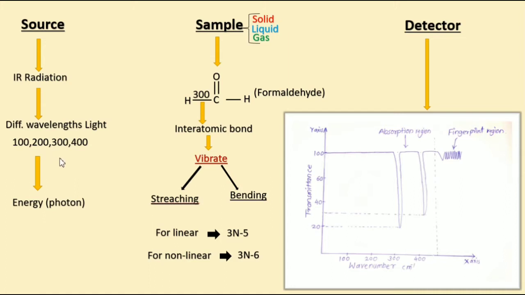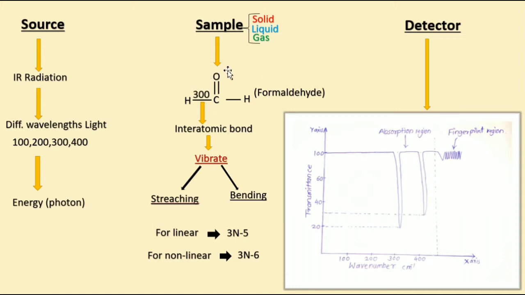When the light falls on the sample, the C-H bond between C and H absorbs the light of wavelength 300. The remaining lights, 100, 200 and 400 wavelength, it does not absorb. That means this light is transmitted through the sample, because no absorption occurs, so 100% transmittance happens.